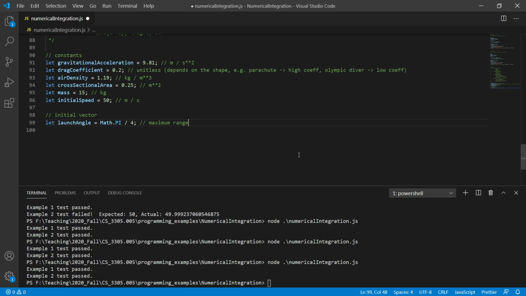So the one below 45 degrees, or pi over 4 radians, and the one between 45 degrees and 90 degrees, or between pi over 4 and pi over 2 radians. And so that maximal value is where those 2 points, the high solution and the low solution, meet. And so it increases and then it decreases coming back. So we'll just start at the maximum and see how far we get.